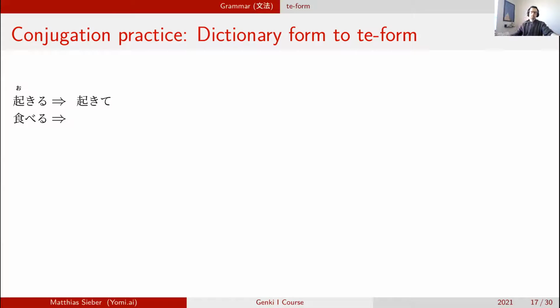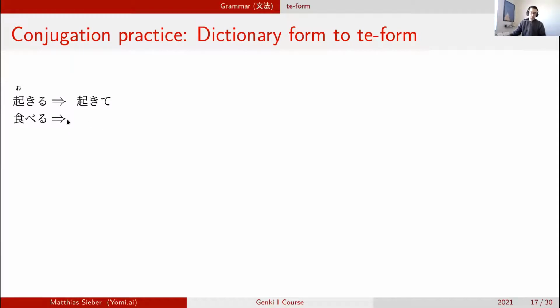So for ichidan doshi, to form the masu form, we drop the final ru and attach masu. If this was a godan doshi, we would replace the final syllable with the i row and then attach masu. So it would be taberimasu, but it's tabemasu, we know that, right? So it's actually ichidan doshi.